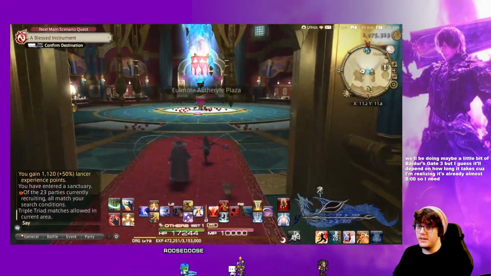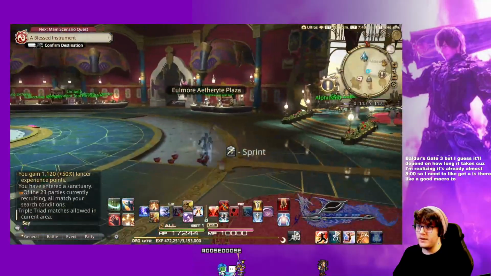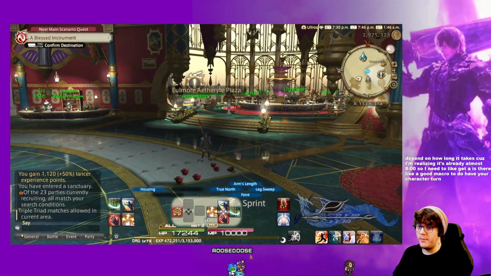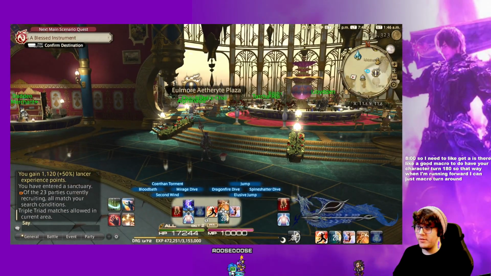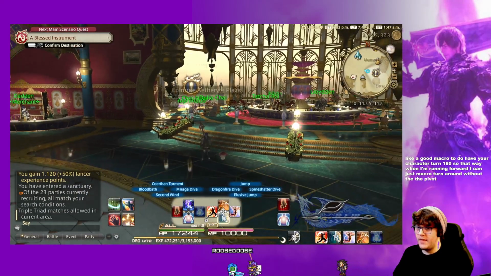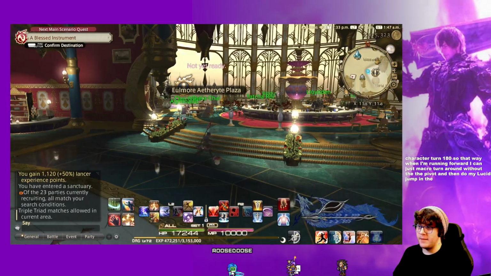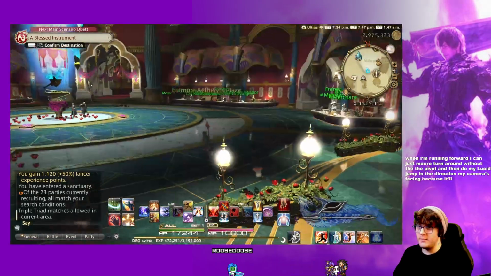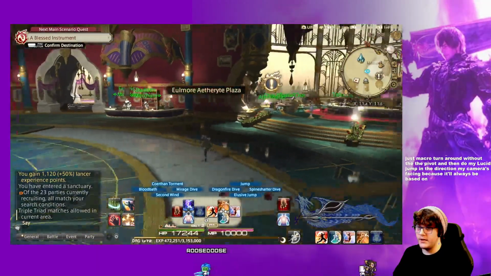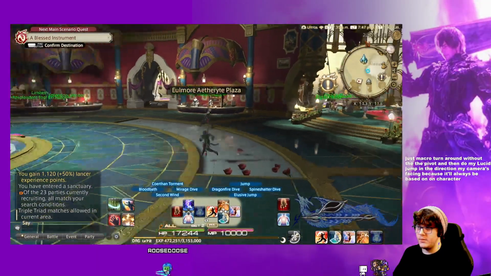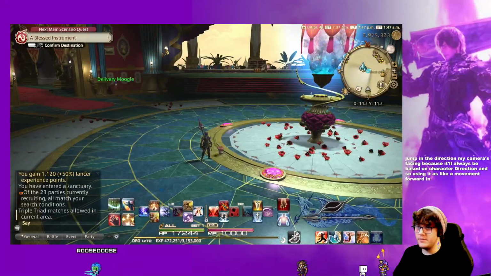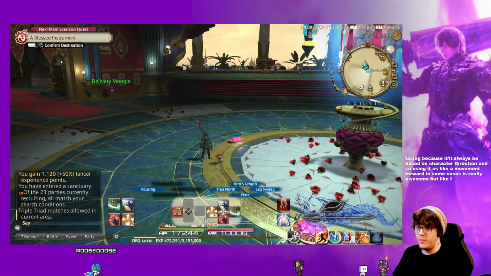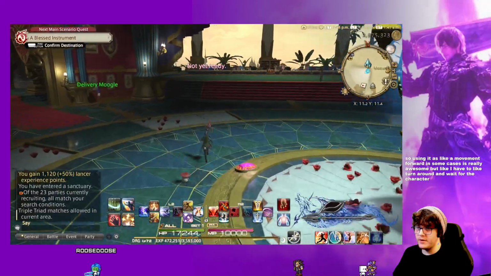I need to get a... Is there a good macro to have your character turn 180 so that when I'm running forward I can just macro turn around without the pivot, and then do my evasive jump in the direction my camera's facing, because it'll always be based on character direction. Using it as a movement forward in some cases is really awesome. But I have to turn around and wait for the character to actually pivot first.